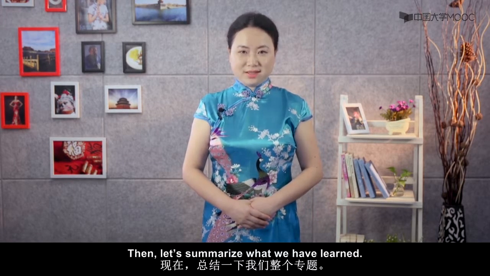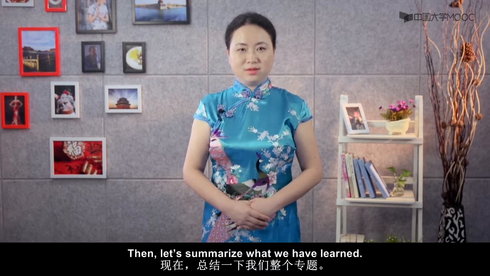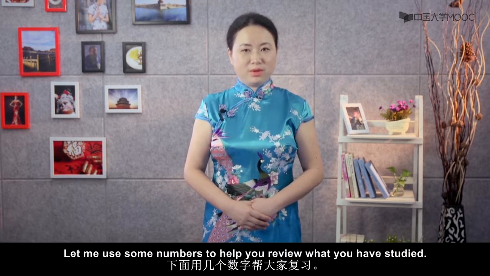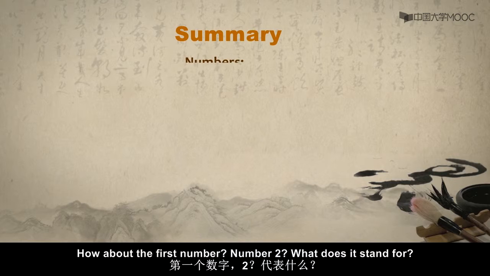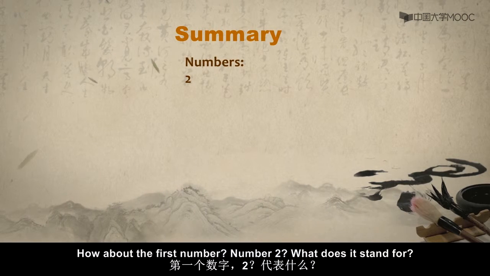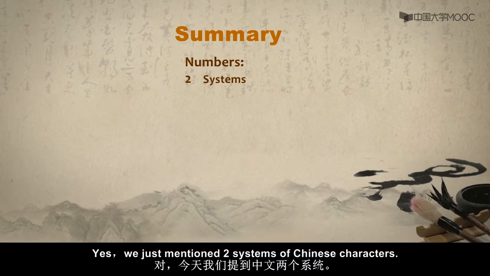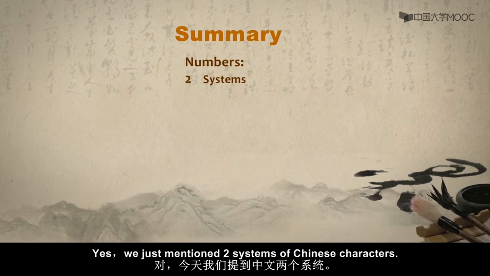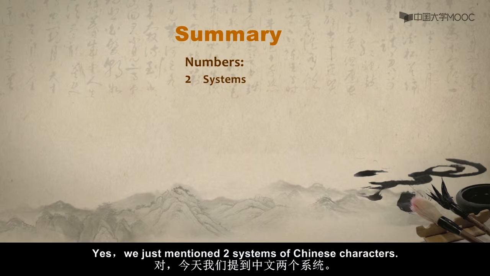Then, let's summarize what we have learned. Let me use some numbers to help you review what you have studied. How about the first number? Number 2. What does it stand for? Yes, we just mentioned 2 systems of Chinese characters.